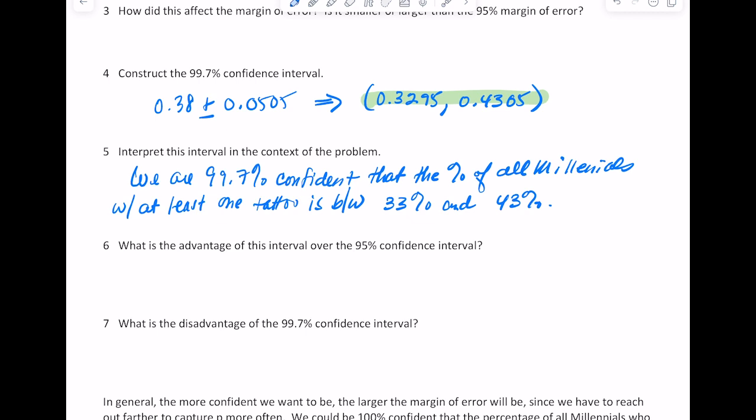So what's an advantage of that interval over the 95% confidence interval? A wider interval can capture the true proportion.